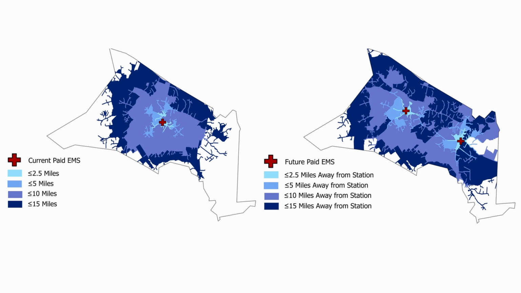These two maps show the same study area, right? Yes. But when there's one station, it's within 10 miles, and when you add one more, it's further away. You see what I'm trying to say? Yes, I do. But why?